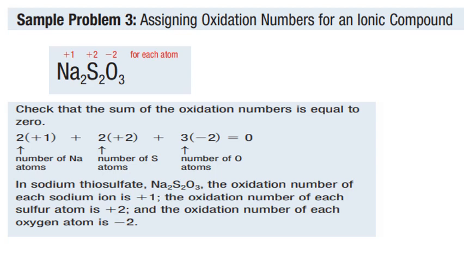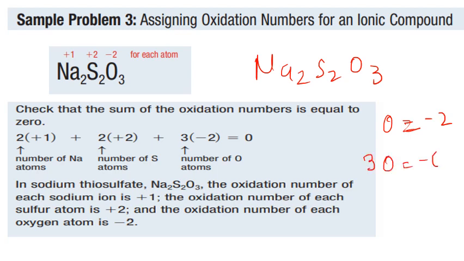Let's go ahead and do that together. What we have over here is Na2S2O3. So again, let's start our discussion with oxygen. One oxygen corresponds to -2. I have 3 oxygens, so 3 oxygens correspond to -6. I'm done with this one. We just did sodium also, very simple. One sodium corresponds to +1, right?